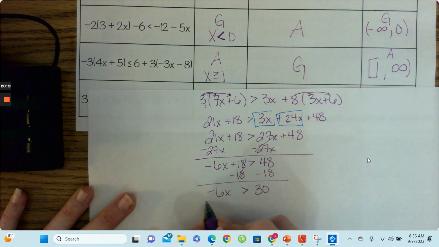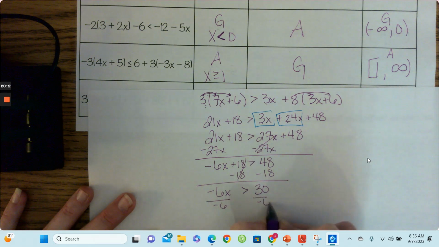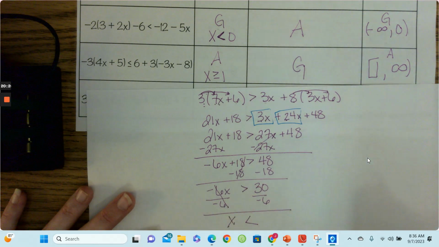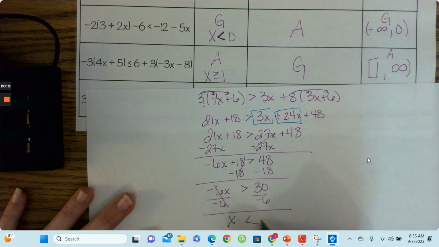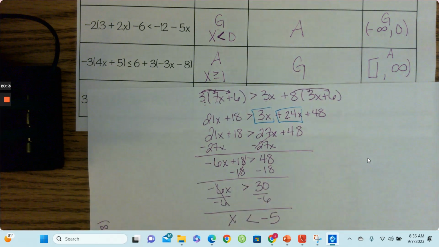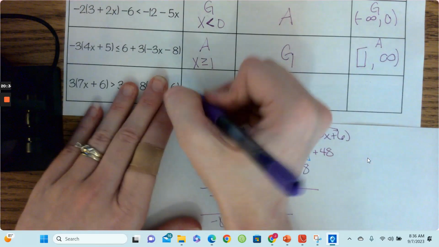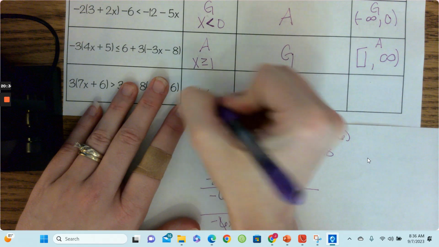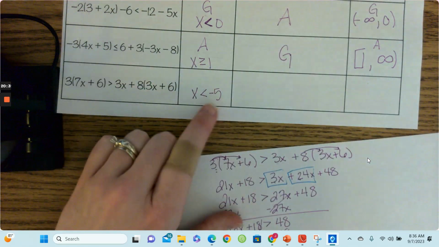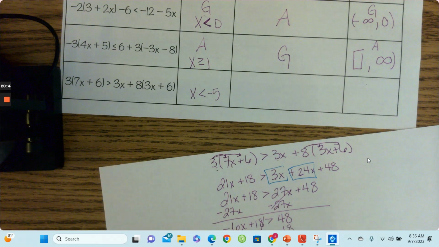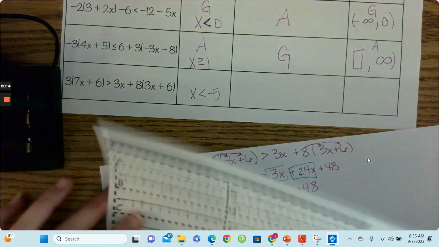And then here we've got to divide by a negative, so flip that sign. 30 divided by negative 6 is negative 5. Okay, so x is less than negative 5. So open circle, but this time pointing to the left.